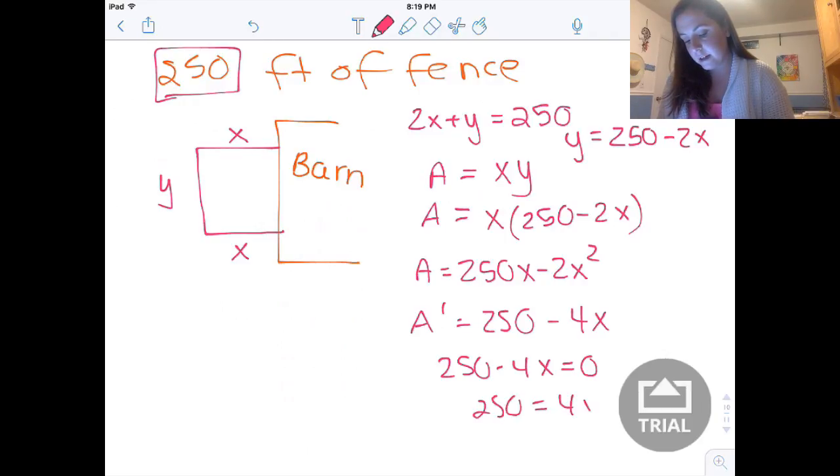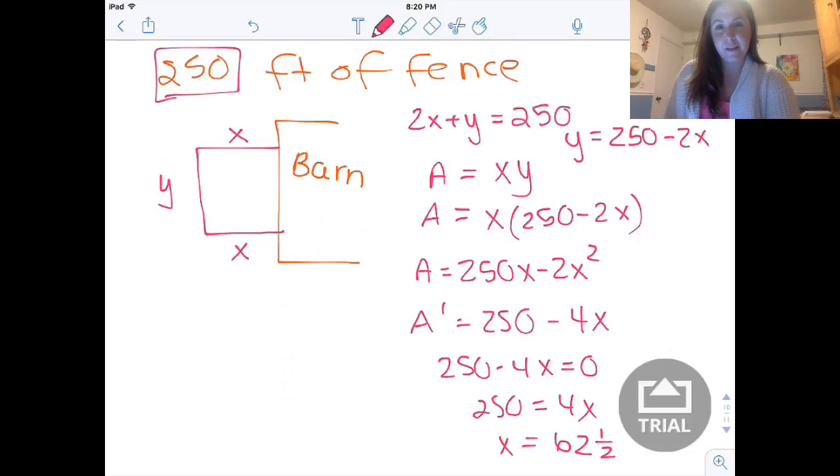And x equals 4 goes into 10 twice with 2 left over, 62.5. Is that right? I think that's right. So that is my length that would give me the maximum area.